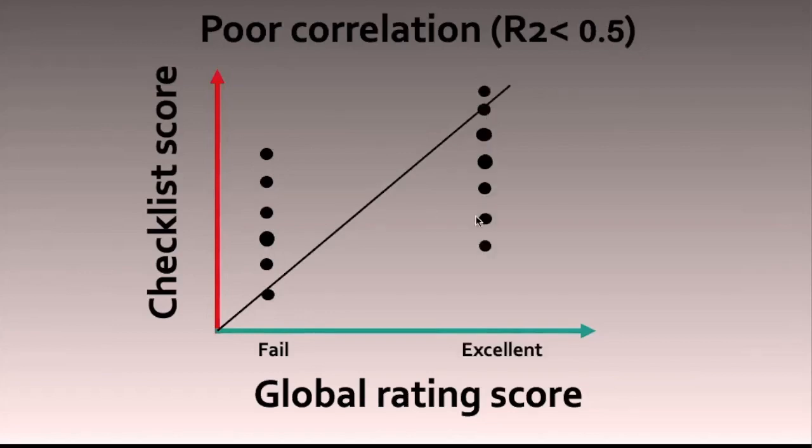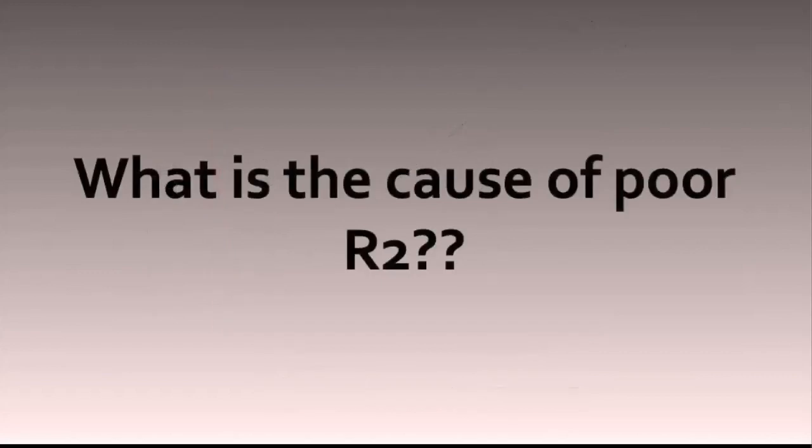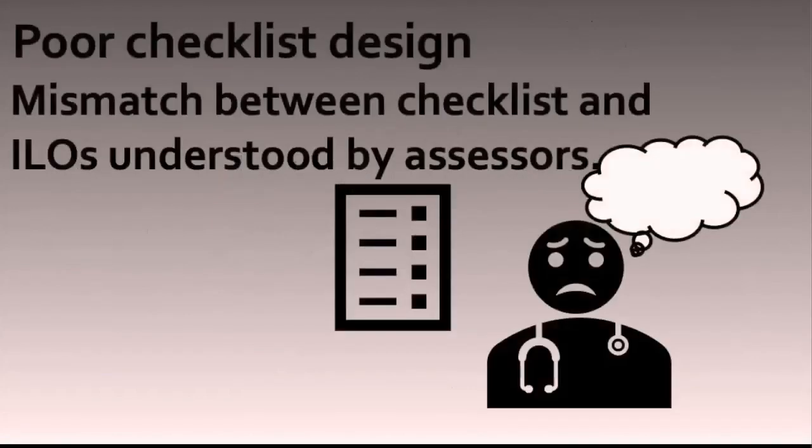Same goes for excellent. Here we can see that some of the students were scored excellent in the global rating score, however, they performed poorly in the checklist score. So what is the cause of the poor correlation here? It could be a poor checklist design, or a mismatch between the checklists and the ILOs as understood by the assessors.